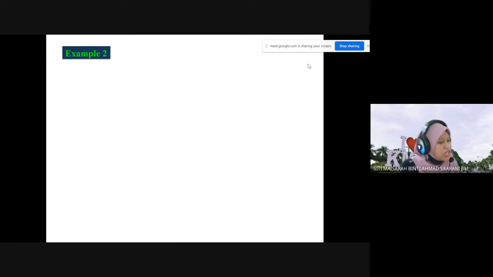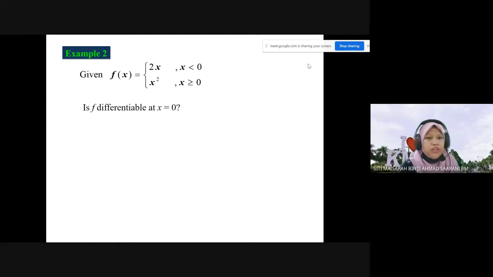Okay. Example 2. Given fx equals to, we have two function, 2x for x less than 0, x square for x more or equal to 0. Is f differentiable at x equals to 0? So ni yang nak check whether dia differentiable ataupun tidak.